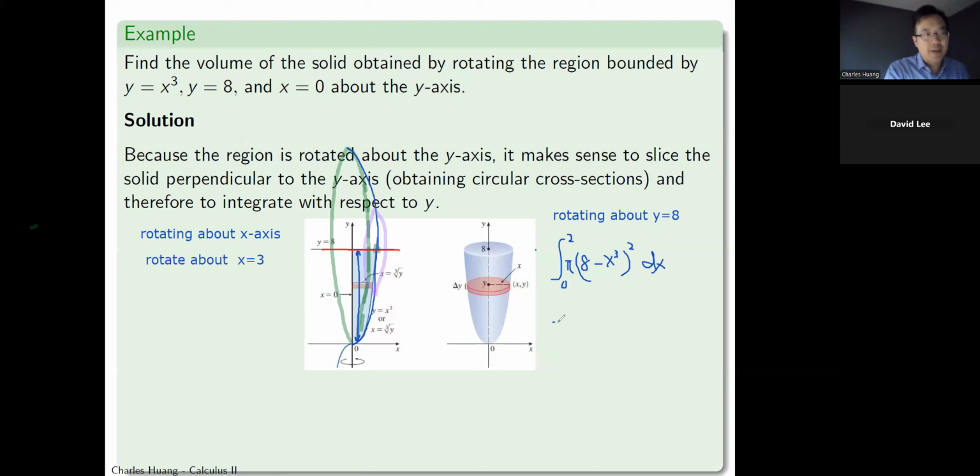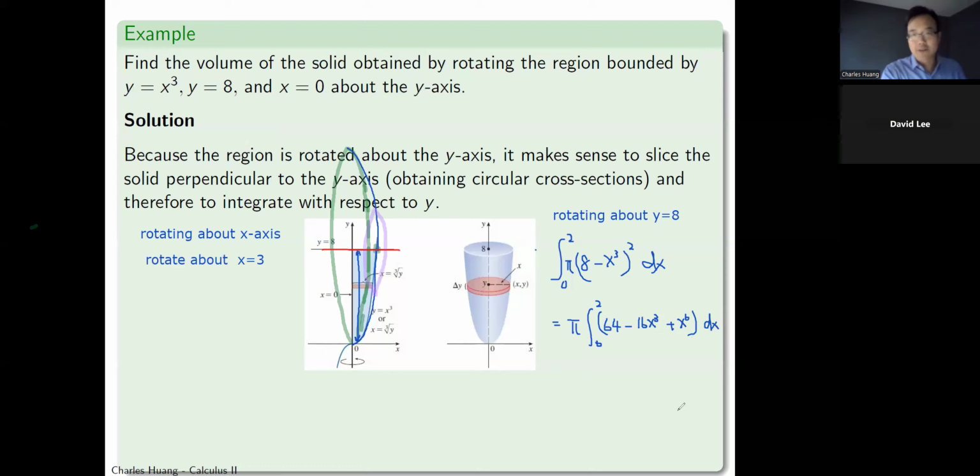If you need to integrate it, right now you can't integrate it. So if I need to integrate it, I will have to go from 0 to 2. I'm actually going to expand the terms. So 8 times 8 is 64 minus the middle term, 16x cubed, plus x to the power 6 dx.